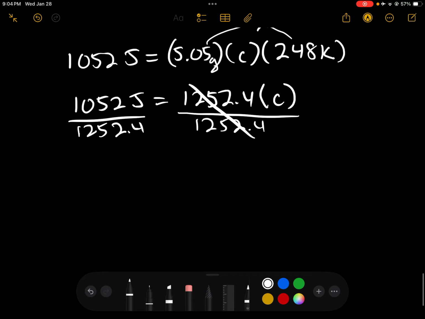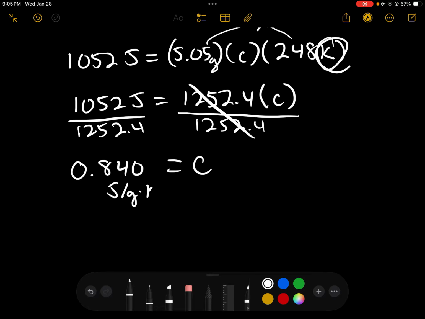It goes away on this side, and we've got a C value of 0.840. Again, we have to stick a unit on that. My temperature was in Kelvin, and so it's going to be joules per gram Kelvin for my unit.